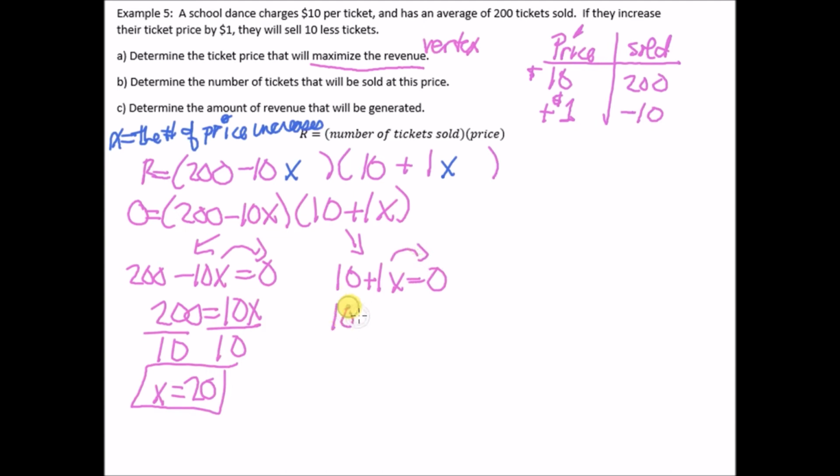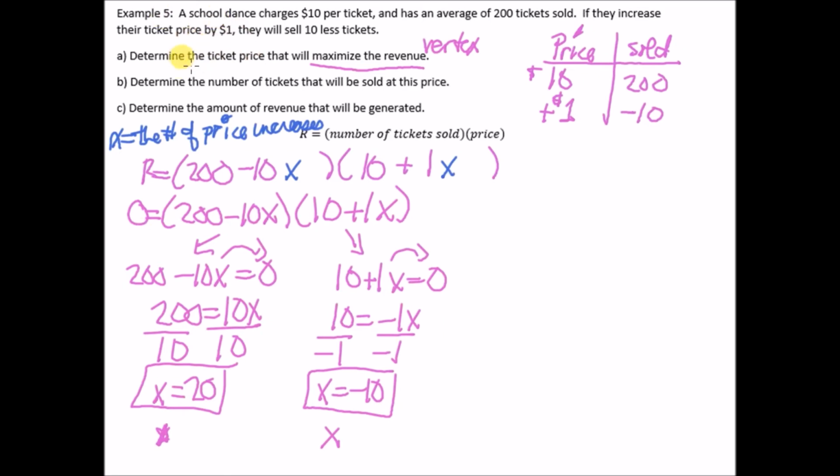Bring that over. x equals negative 10. To me, that means negative 10 increases, so 10 decreases. I'm going to choose the positive one and ignore the negative one. So 20 price increases is going to maximize the revenue.